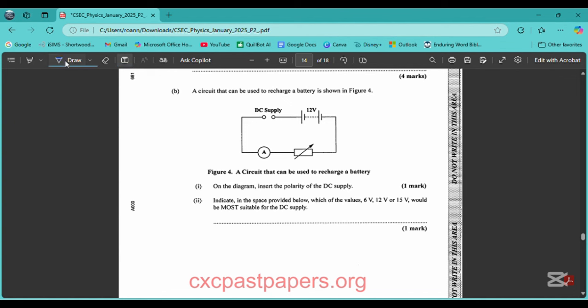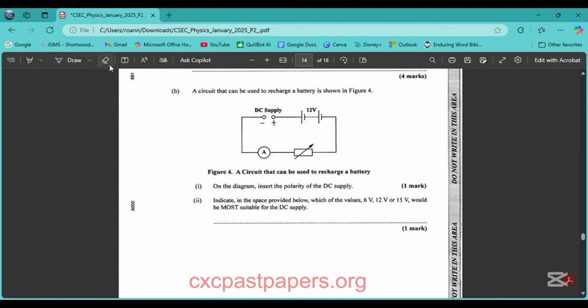And with the polarity of the DC supply, the positive terminal of the DC supply should line up with the positive terminal of your battery. And the negative terminal should also line up with the negative. Therefore, your positive terminal would be on the right and the negative on the left.